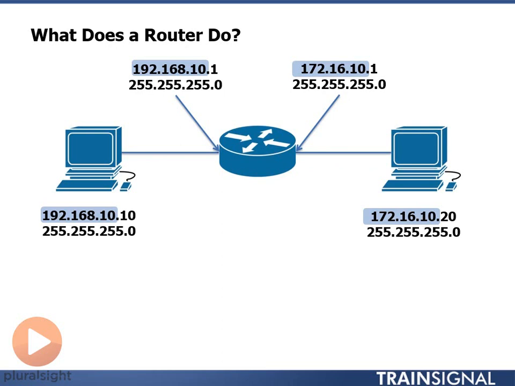We're going to take a deep dive into exactly how frames and packets are built in order to move across this network. But for simplicity, once I put this device in and give it IP addresses on each interface, the router can move the packet from the device on the left to the device on the right without causing any problems.